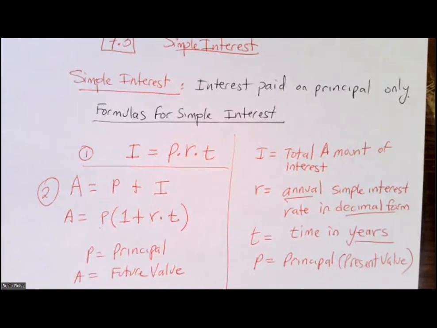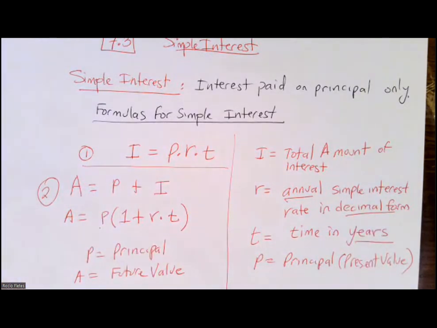Now, when you do the homework, it's very important that you read the problem very carefully, because if nowhere in the problem you see the word compound, then that means you're dealing with a simple interest question. And so you only have two formulas to use, right?